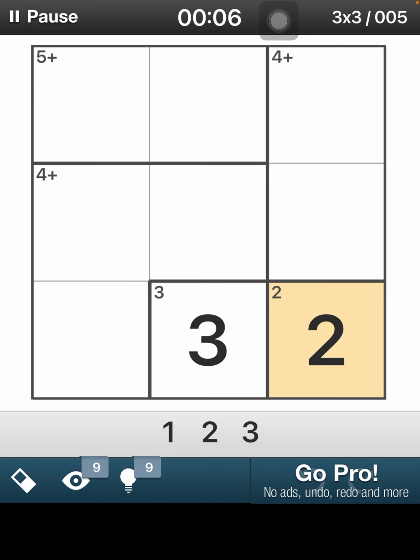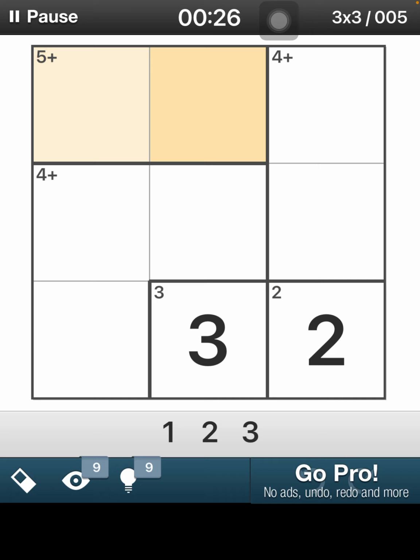So 3, 2. Let's see. Where should I go next? Well, I think the only thing I know is this square.